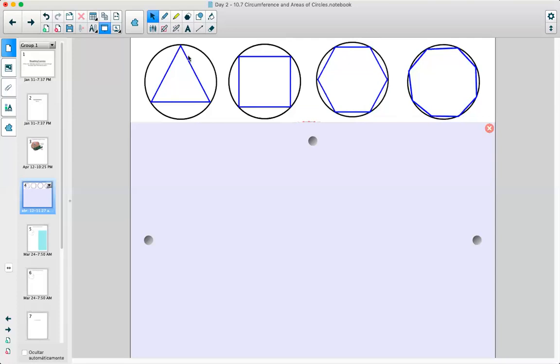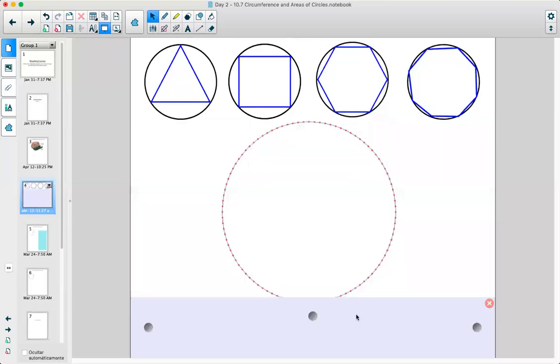Now you might notice that the number of vertices of each shape is increasing. And as they're increasing, these vertices start to get closer to each other. For octagon, you can see that these vertices are a lot closer than the vertices from a triangle. So as we continue to increase the number of sides, notice what happens.